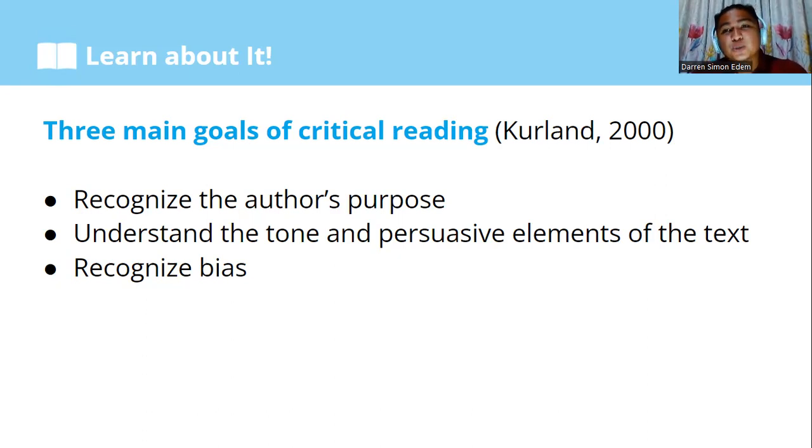It's not really a question of how fast you are able to understand the material, but how critical you're able to dissect what the author is trying to convey, the purpose, the tone, how persuasive the elements were utilized, and the biases that are present, right? These are the three common goals that we see if we really try to analyze what we are reading on social media.